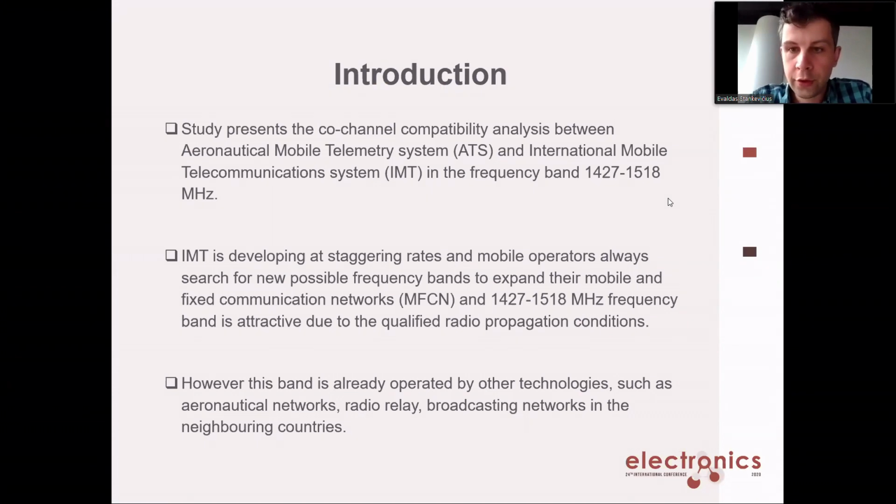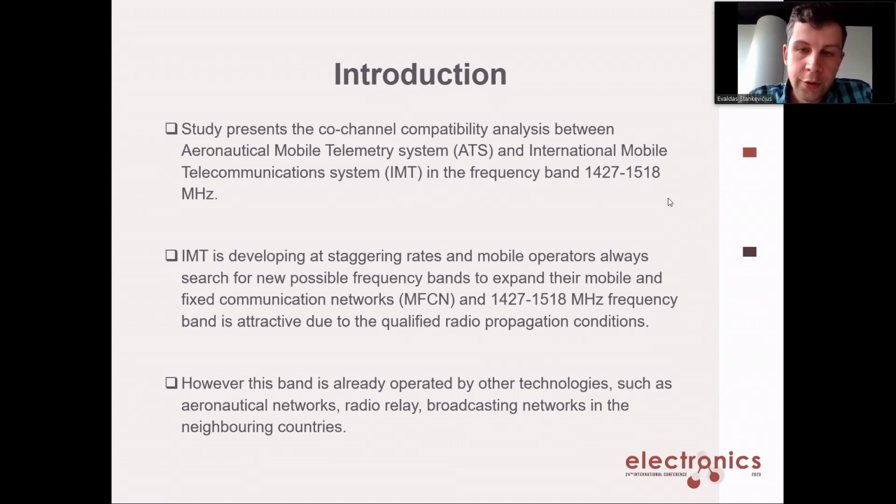First of all, the introduction: why such studies are needed, why they are important, and what the main key points to present here are. We made a study on co-channel compatibility between the two mentioned systems in the 1.5 gigahertz frequency band.